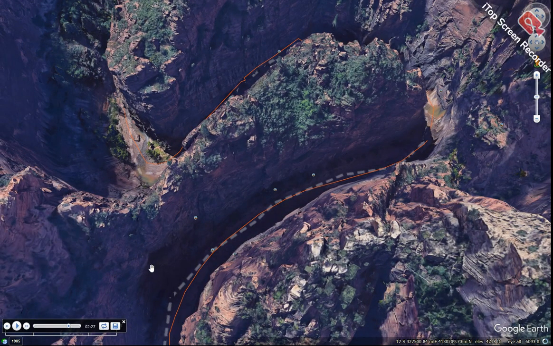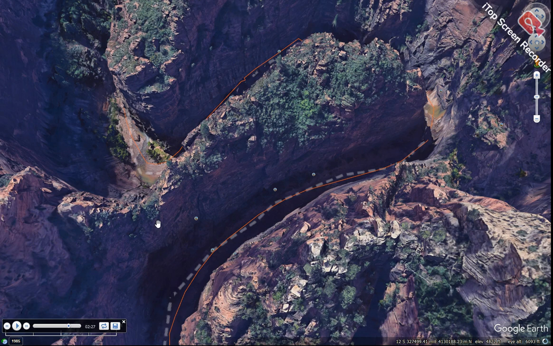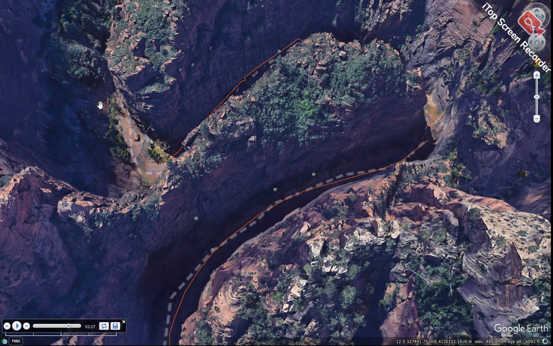Yeah, and probably over the course of, I don't know, a couple more thousand, maybe hundreds of years, not sure, but just basic erosion, this will finally eat its way out, and the river will now run this way, kind of leaving this, which could actually be great camping spots.